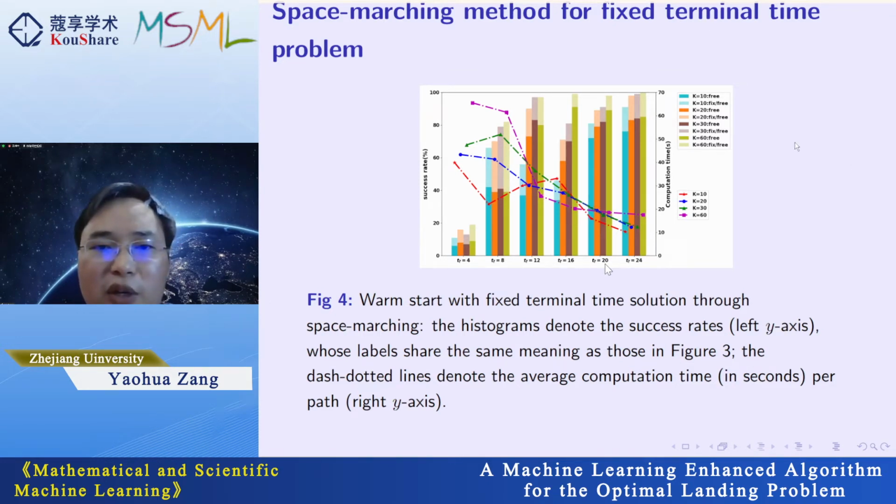The third information that we can obtain from this figure is that if the initial guess of the optimal landing time TF star is chosen as 4, we will get very poor performance. This indicates that a good choice of the initial guess of the optimal landing time plays an important role in solving the free terminal time problem.